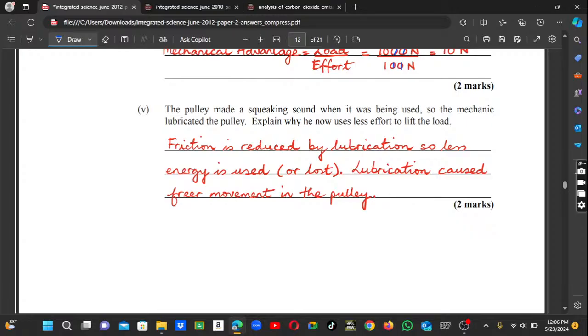So instead of having more effort over load, you will have the opposite: more load over effort. He does not need to use as much effort, and the lubrication causes free movement in the pulley. All right, good.